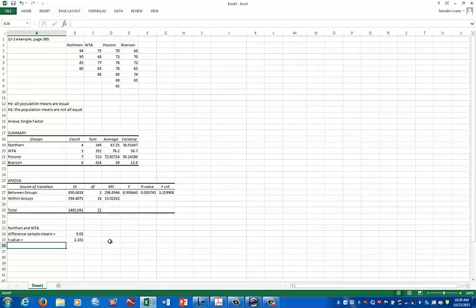And we need the MSE. Let me just put directly times 1 over n1 plus 1 over n2. So this would be equal to 3302. This is the MSE right here, times 1 over the sample size, which is 4 here for Northern, plus 1 over 5.